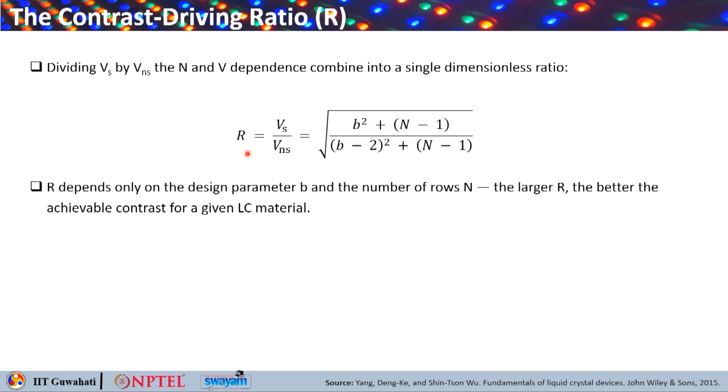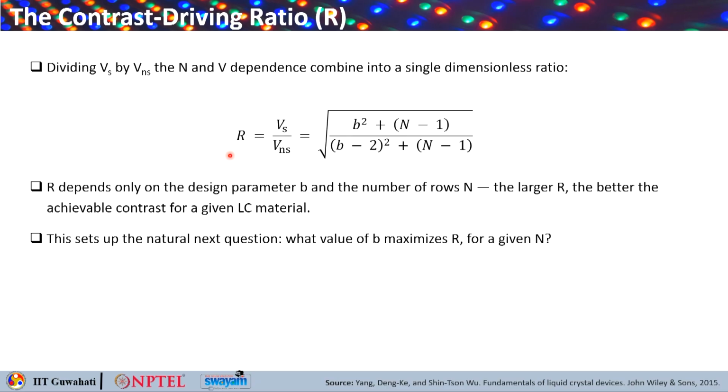So it is the contrast driving ratio, and you can also see that this ratio R depends only on two things, that is the design parameter B, which we called a knob in the previous lecture, and the number of rows capital N. The larger the R is, the better the achievable contrast ratio for a given liquid crystal material.